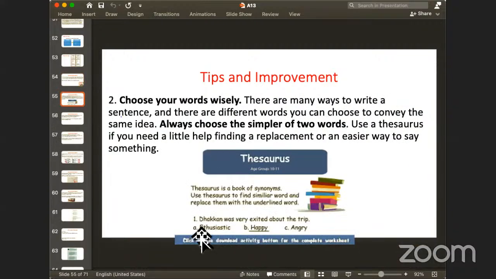The next tip will be to be very careful with what words you're using. So, to choose wisely, right?